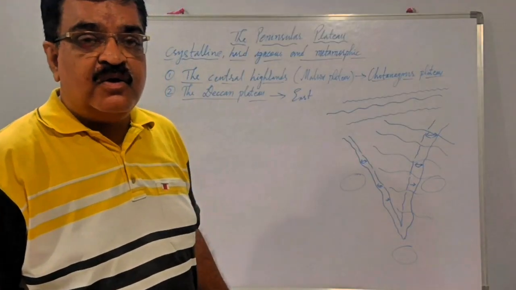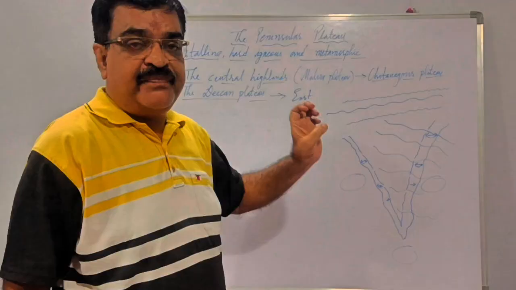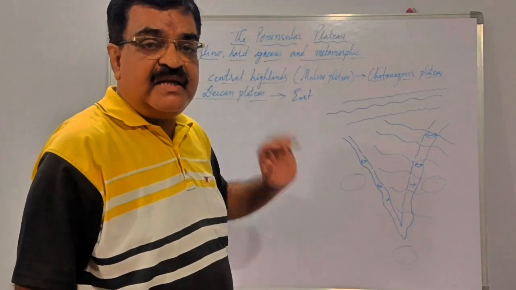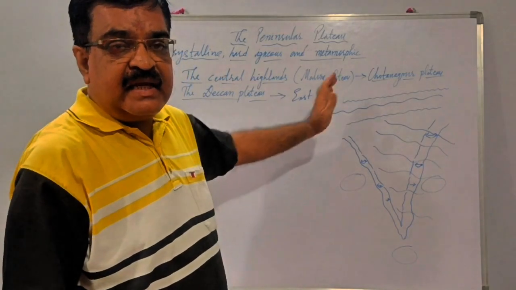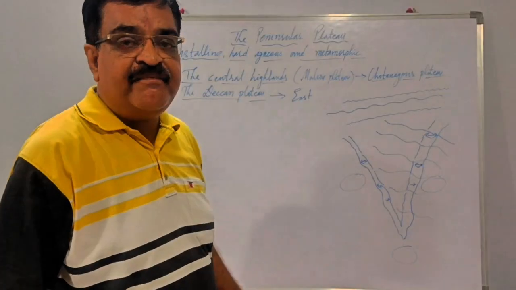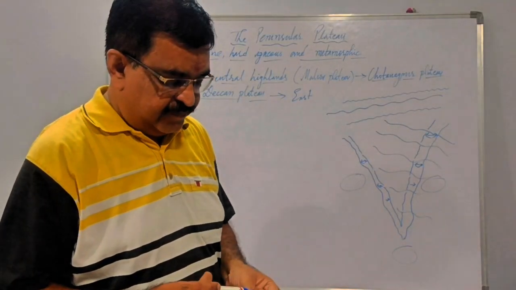That's why Luni will get converted into the Indira Gandhi Canal and will provide irrigation facility to part of the desert region of Rajasthan.